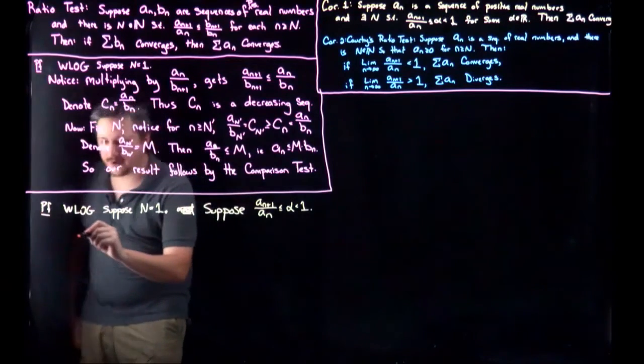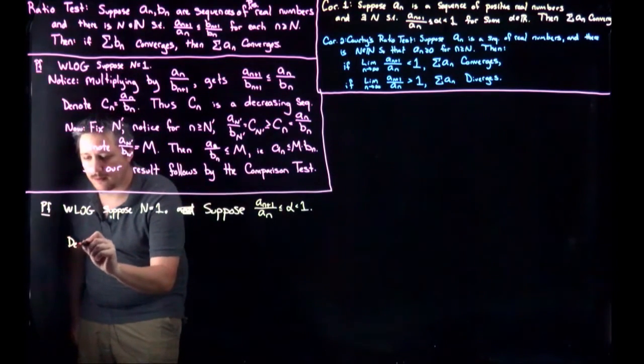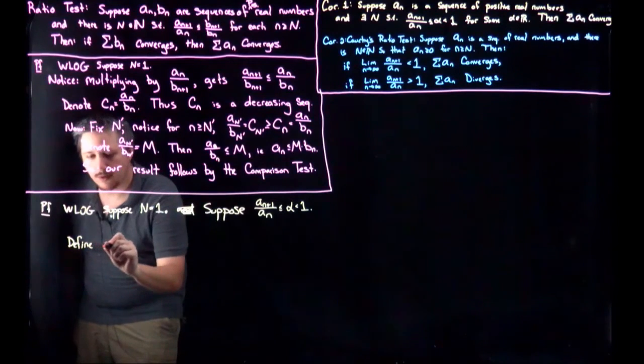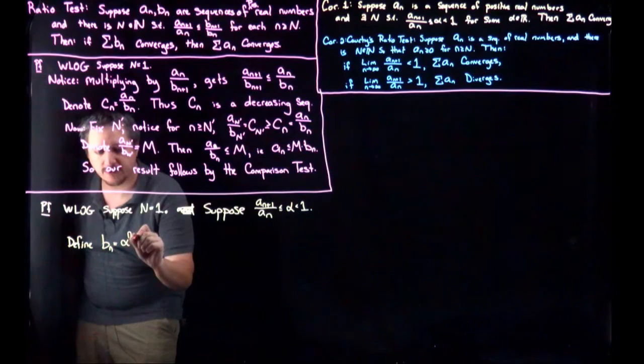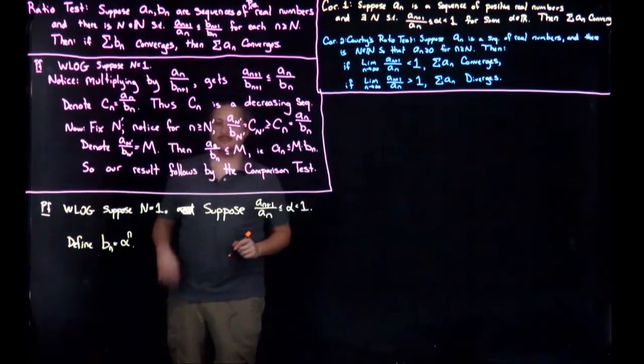So define bn to be alpha to the n. Okay?